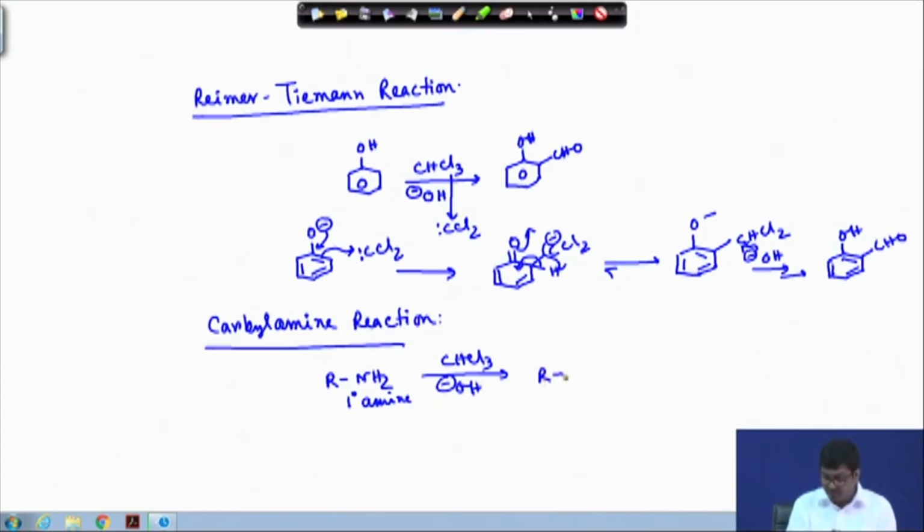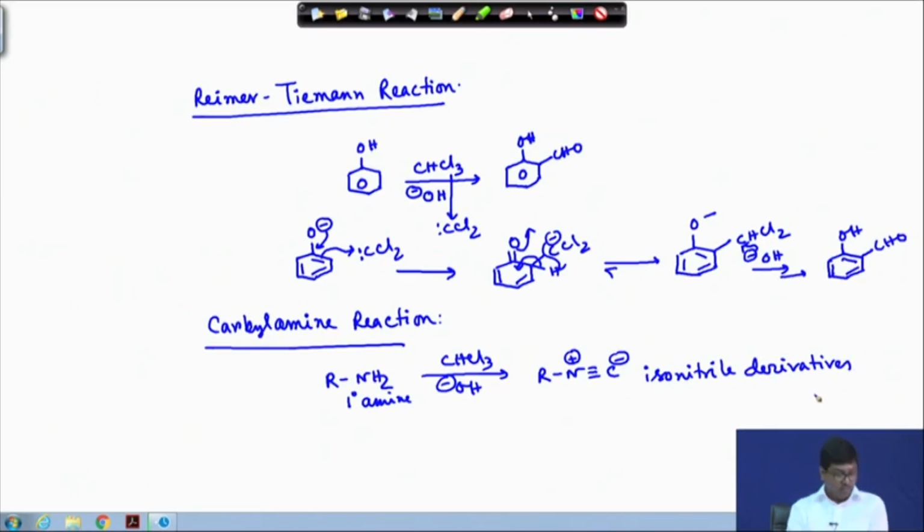Okay. So, these isonitrile derivatives. Okay.